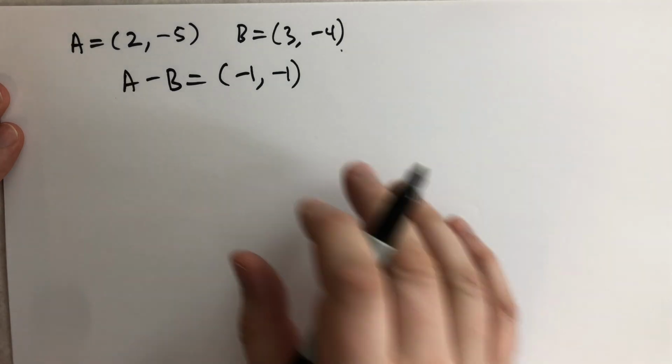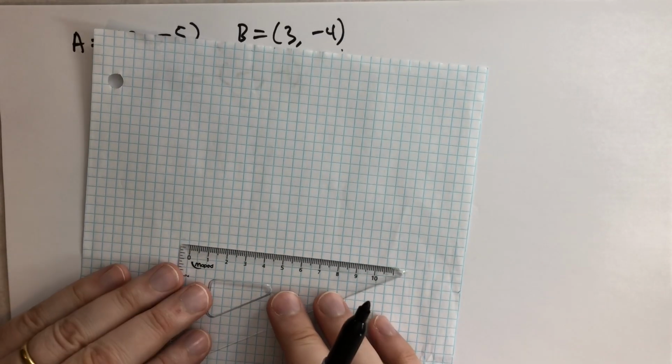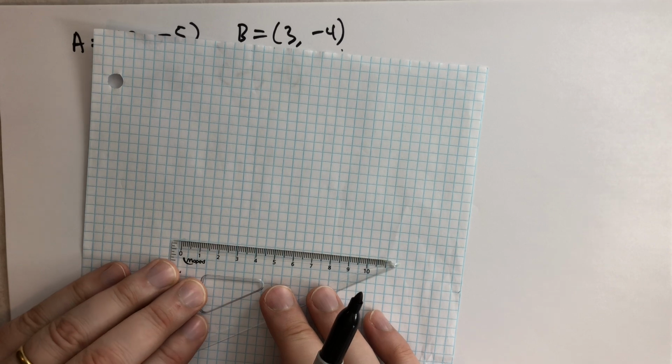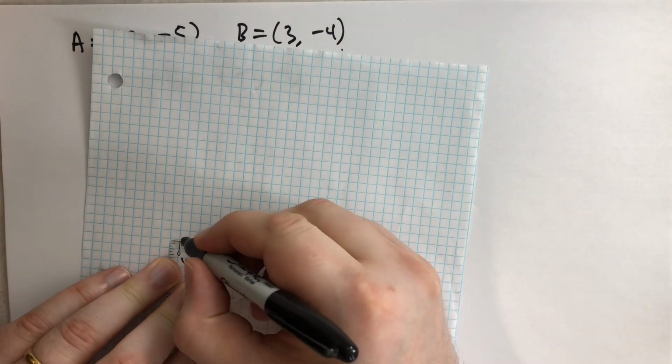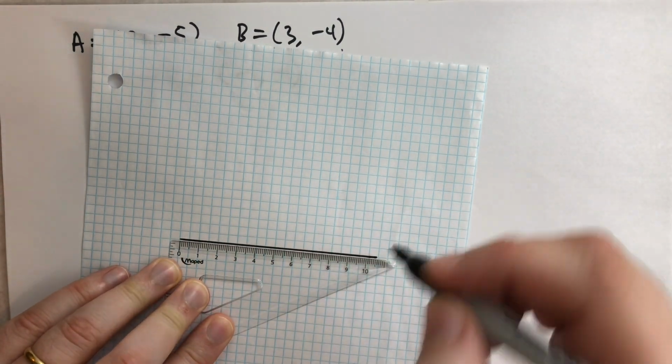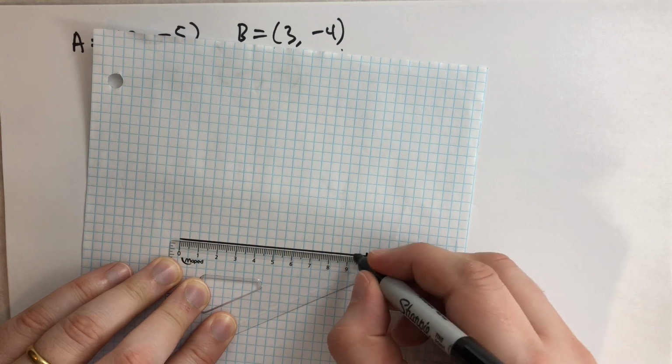Let's now talk about what this all looks like on a piece of graph paper. I'm going to use a straight edge because I'm not very good at straight lines. You can see here these lines are at every half inch, so we'll count an inch as a point. In this case we want to go to positive 4.